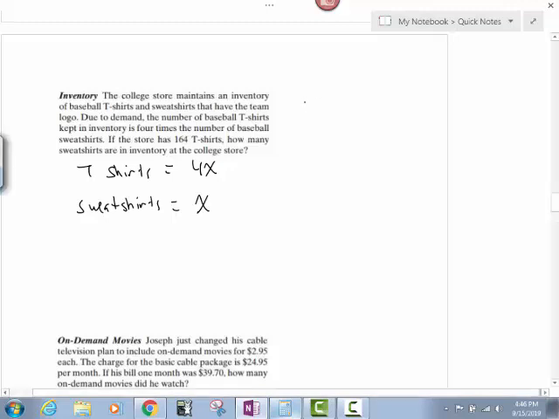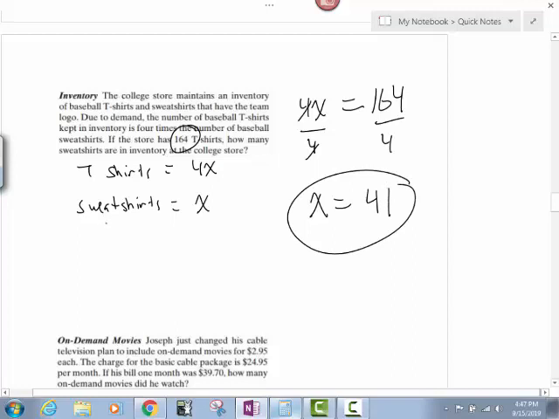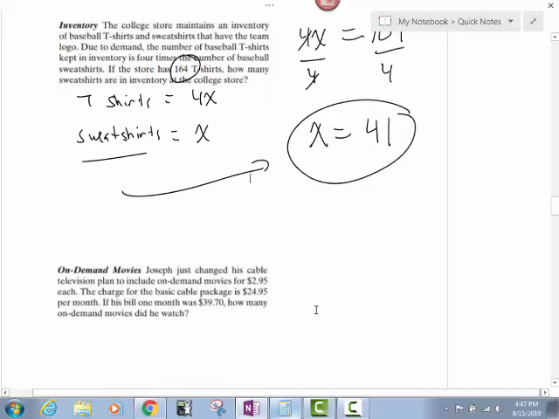So the number of t-shirts, which is 4x, also happens to be equal to the number 164. When we divide both sides by the number 4, 4 goes into 164, 41 times. X stands for the number of sweatshirts, so there's a total of 41 sweatshirts at the store. Okay.